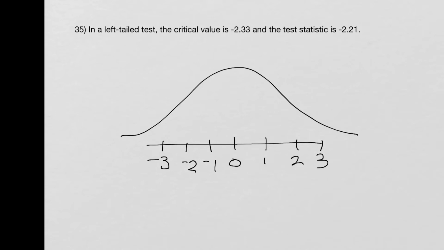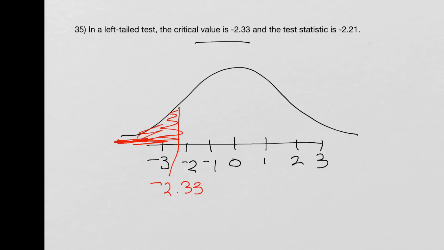And here my critical value is negative 2.33. So I'm going to put that on my distribution here between 2 and 3. And the rejection area is to the left of negative 2.33.